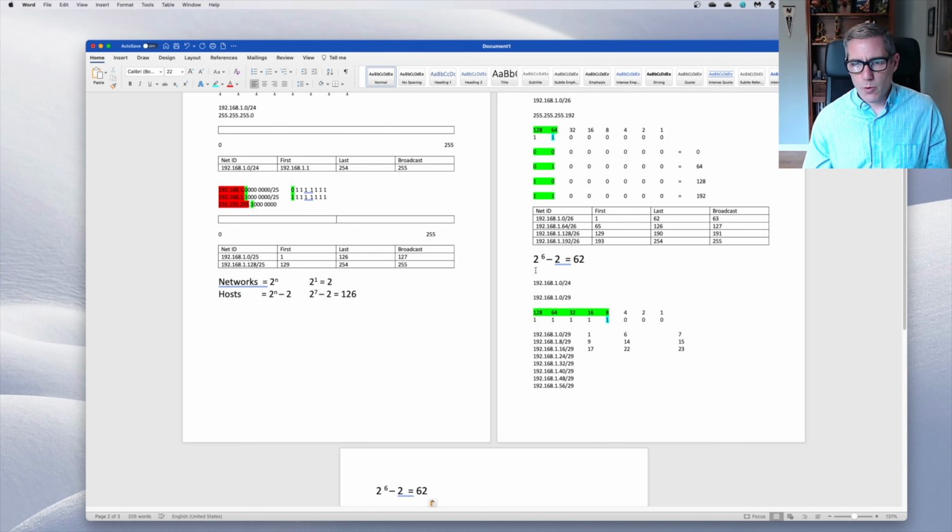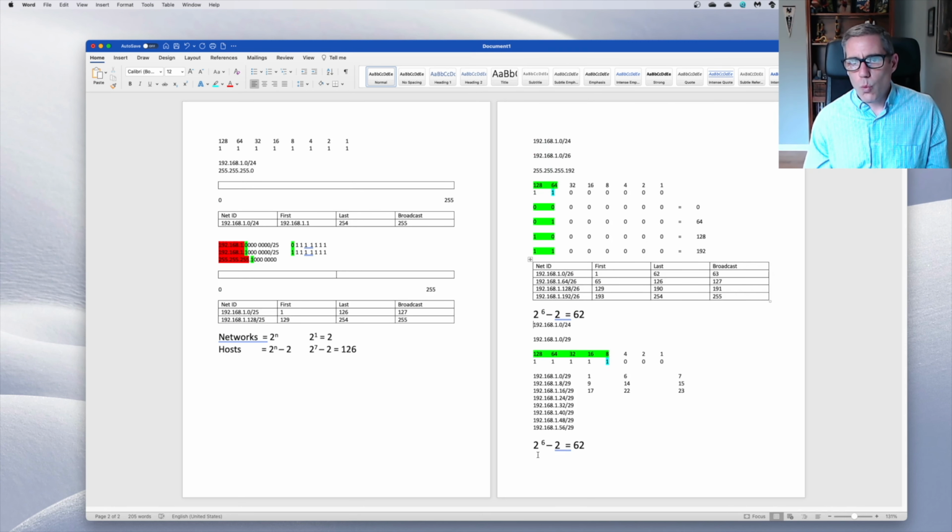And let's do one more here. So we have a new n. This is how many hosts we have left. Now, if we want to know how many networks, we're 2 to the n, and n is 5. So we do 2 times 2 is 4, times 2 is 8, times 2 is 16, times 2 is 32. That's where we came up with the number to begin with.